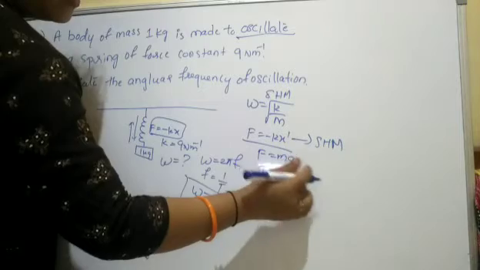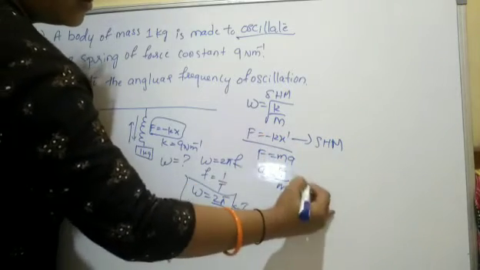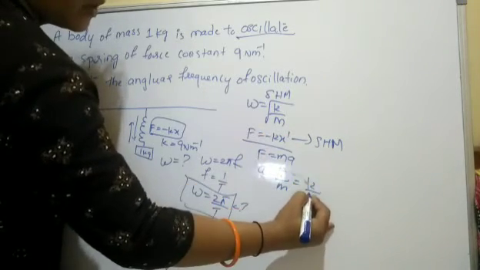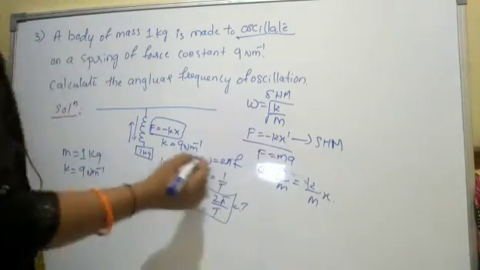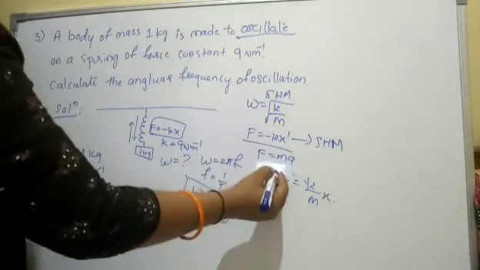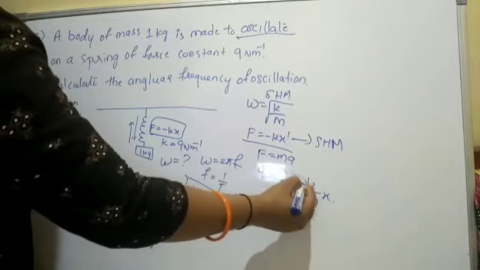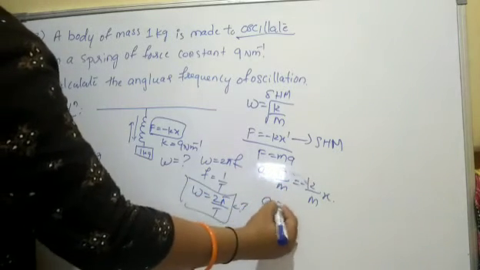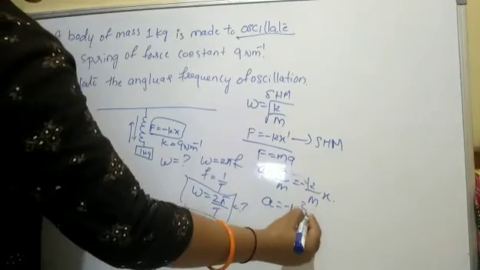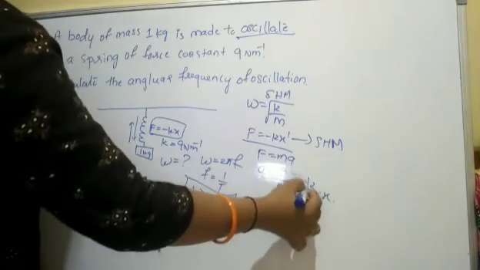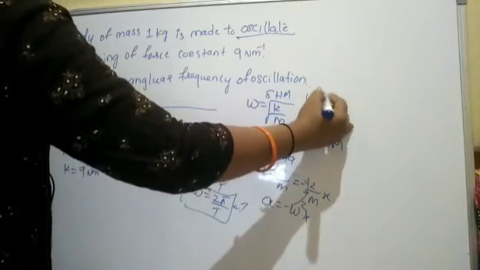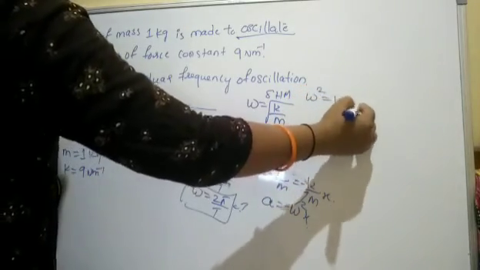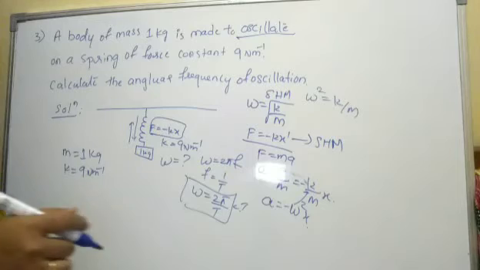So F is minus K x, and acceleration is minus K by m times x. That's why we are getting minus omega square x. So omega square is K by m. Omega is equal to root of K by m.